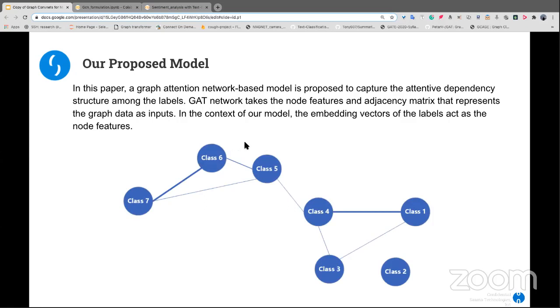Suppose that there is an image and there is a horse and mountain and river. What is the probability that horse and mountain can come together, and what is the probability that river and horse can come together? So basically it's a multi-class classification where we detect the probability of two labels or more than two labels being together, right?